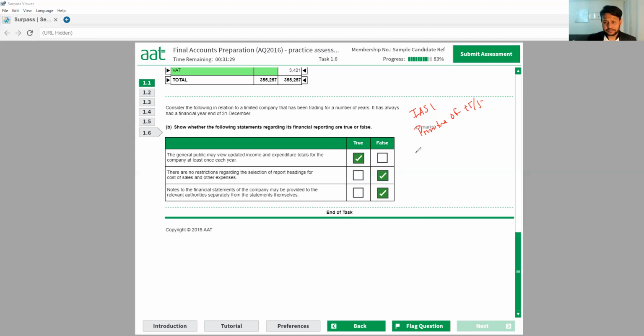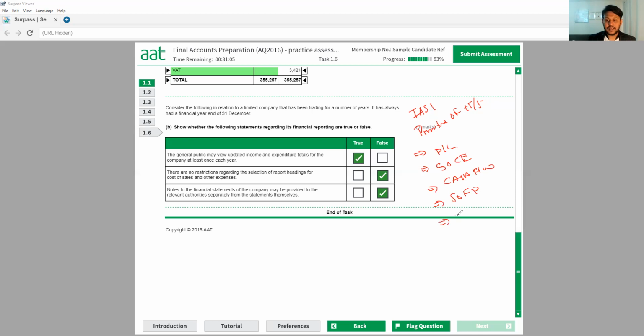The first one is profit and loss. The next one is changes in equity, SOCE, statement of changes in equity. Then we do the cash flow statement. Then we do SOFP, statement of financial position.